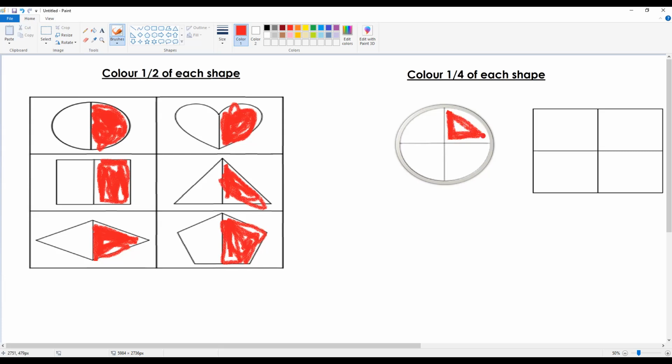This is a quarter of a circle. Okay. So we finished with half. We're moving over to quarter. Yes, miss, I'm finished.